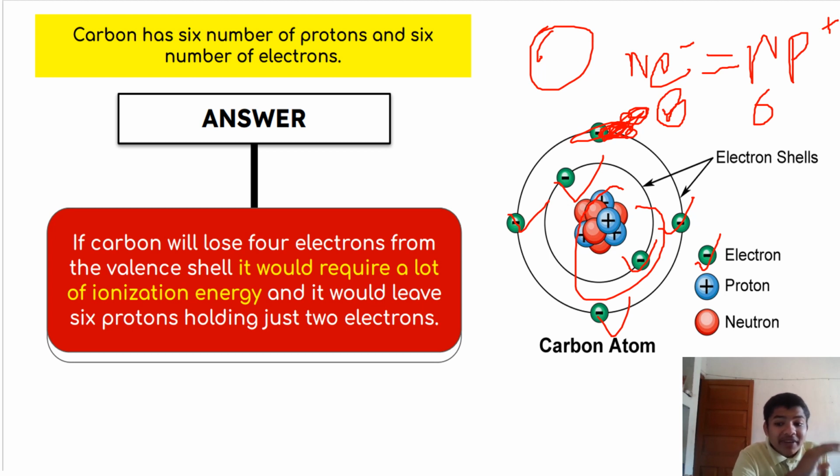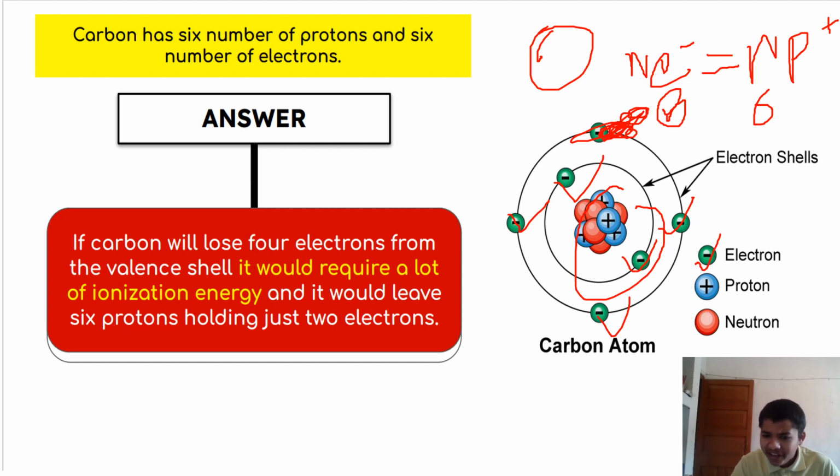And if Na will lose an electron, only a little amount of energy is used. Clear? Similar to that, if carbon will lose 4 electrons, then the valence shell is 4, right?